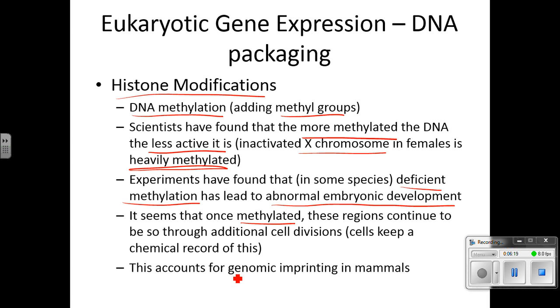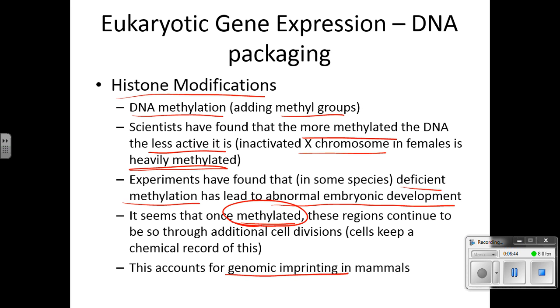This accounts for genomic imprinting in mammals. There is something really cool we talk about later on in this unit, but it basically talks about how you're methylating your DNA with the things you eat and the things you do every day and all the chemicals you expose yourself to. And that methylation can actually be passed on to your offspring when you have children.